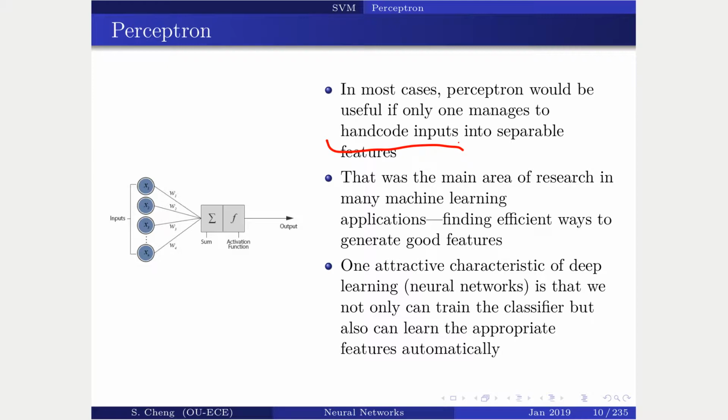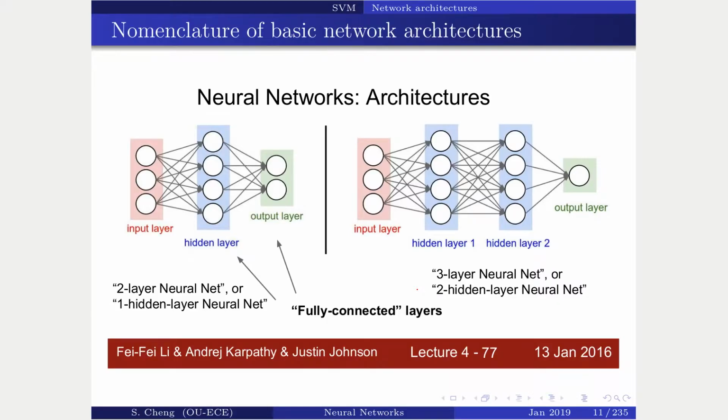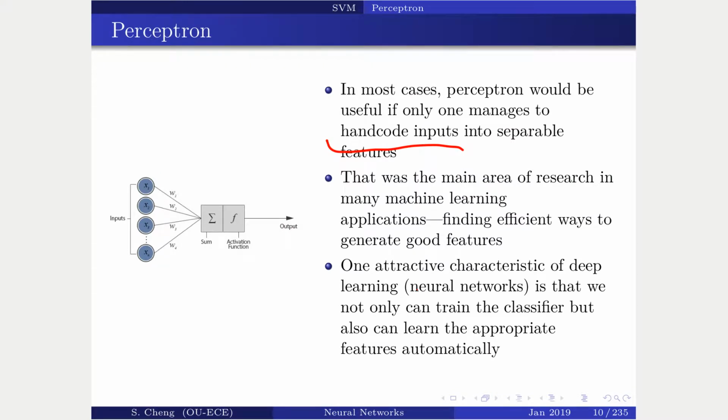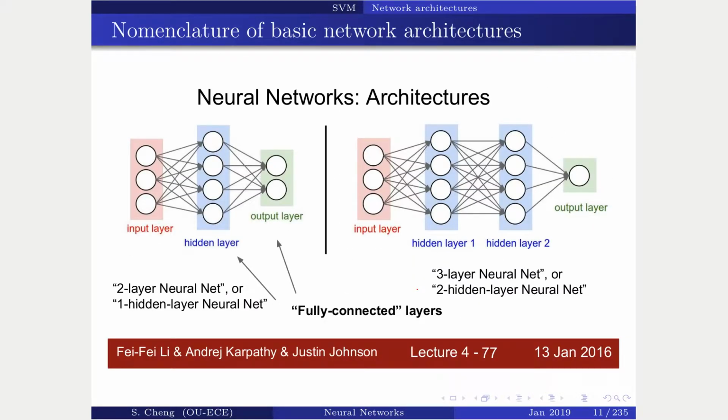The attractive characteristic of deep learning is that presumably you can train end-to-end, and you can do the feature training automatically rather than trying to hand engineer your feature generation steps.